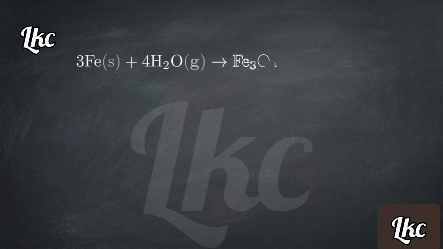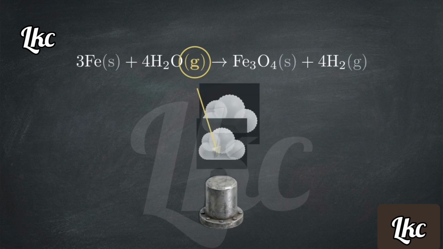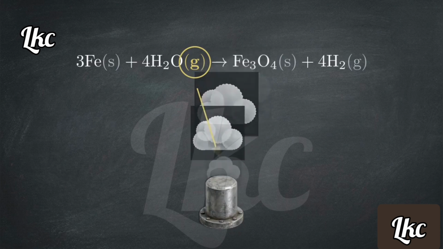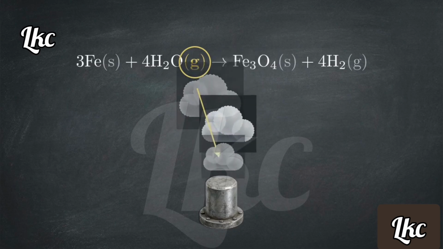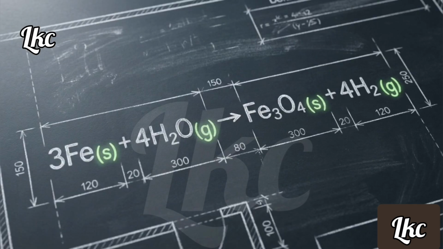This finalized equation reveals a specific detail about the reactants. Note the G attached to the H2O. This symbol indicates that the iron reacted specifically with steam rather than liquid water. The addition of precise quantities and physical states creates a high-fidelity model of the reaction.